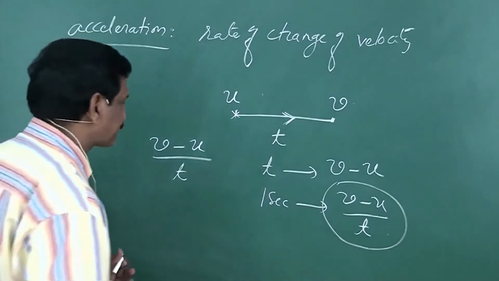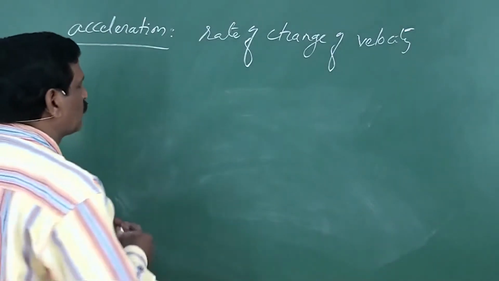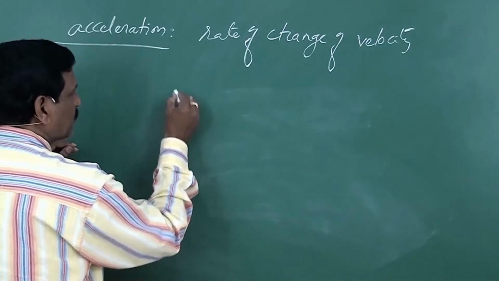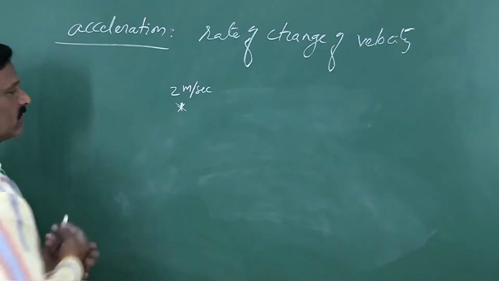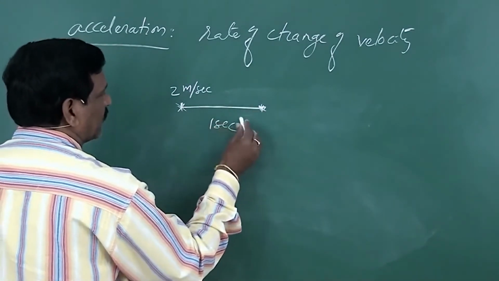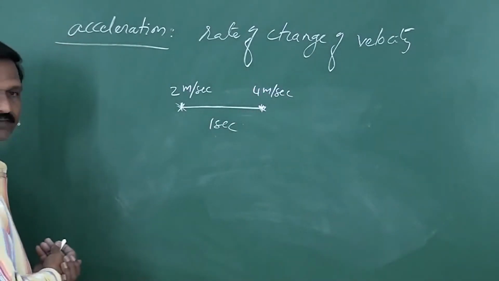See, a body starts with a velocity of 2 meter per second, then acquires a velocity of 4 meter per second in 1 second.